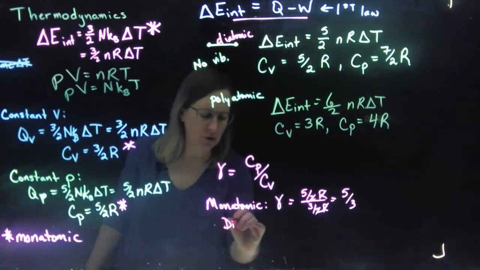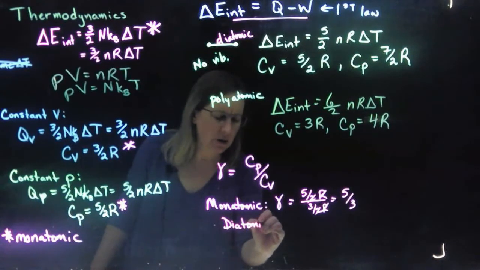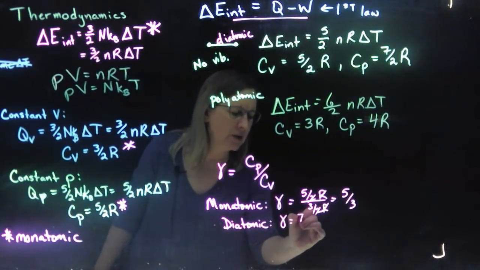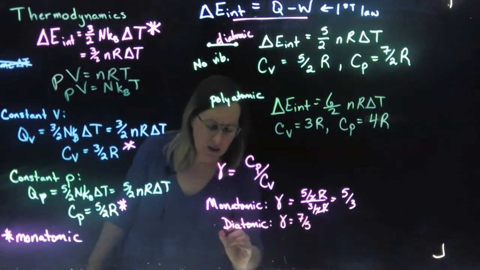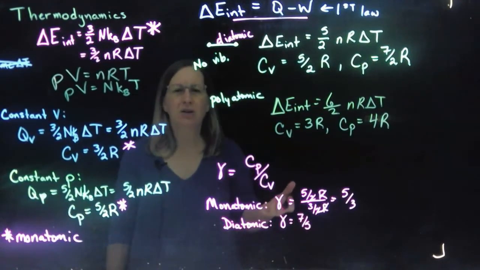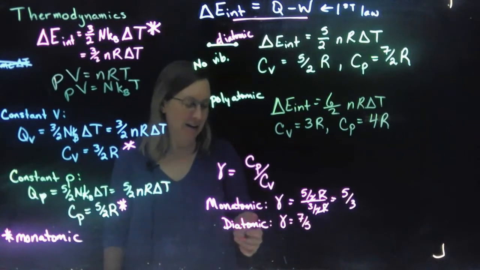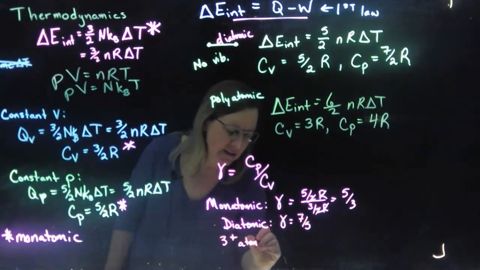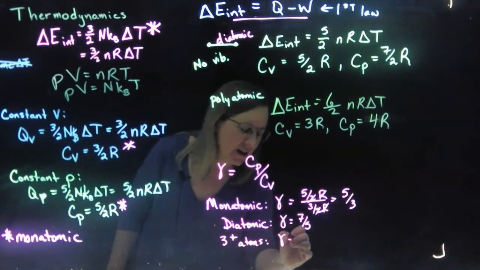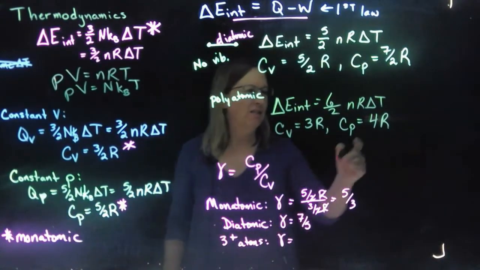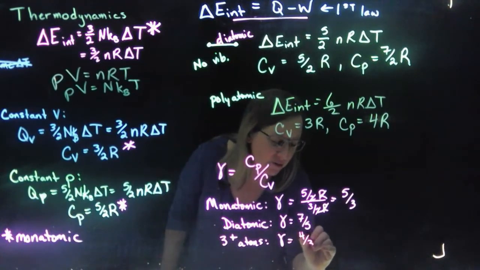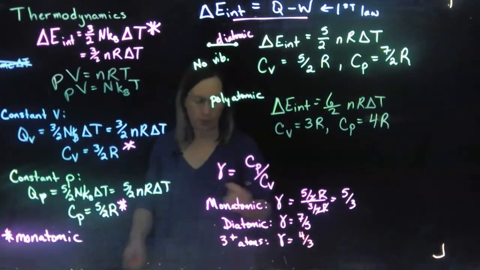So then, just for completeness, diatomic is going to have a gamma of 7/5, and then any material that's made up of more than 2 atoms, so 3+ atoms, we're going to have a gamma generally of 4/3, okay, 1.3, thereabouts.